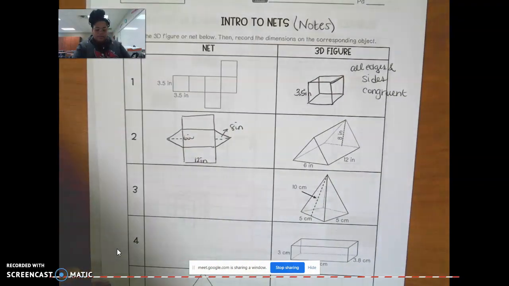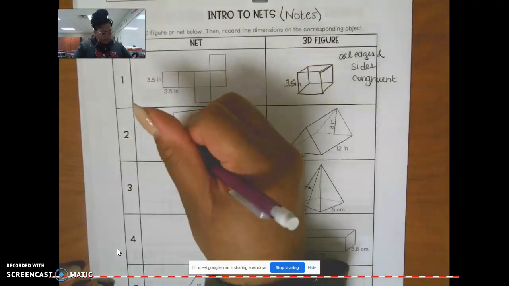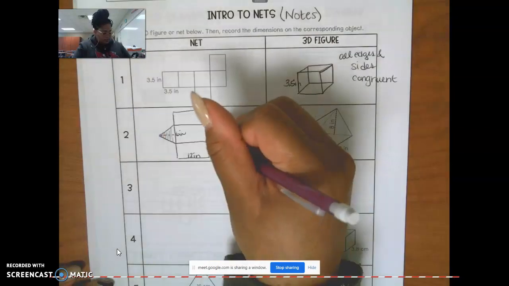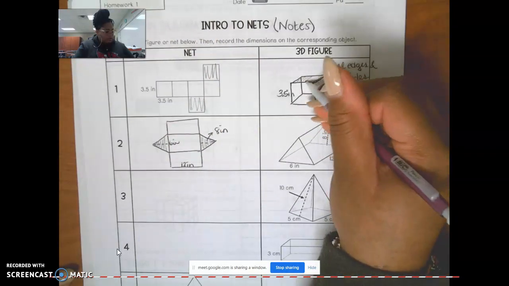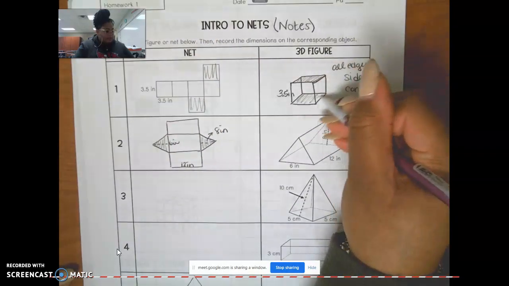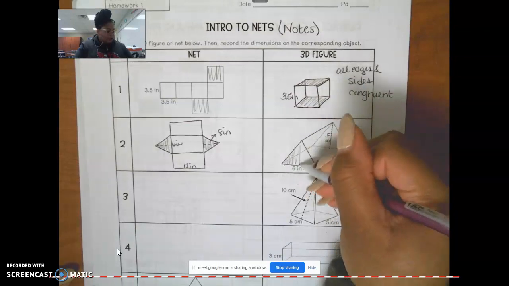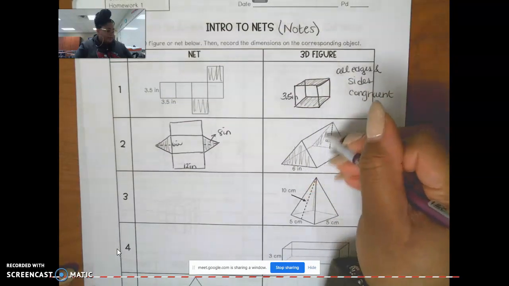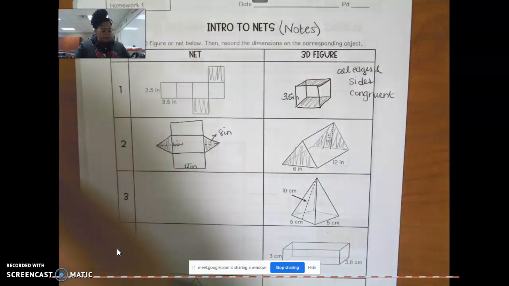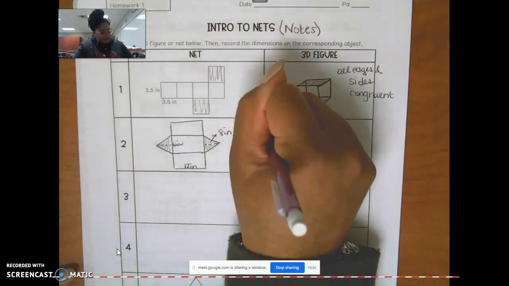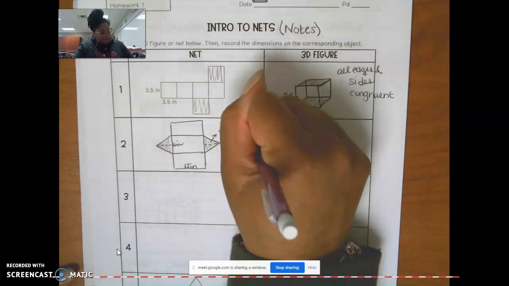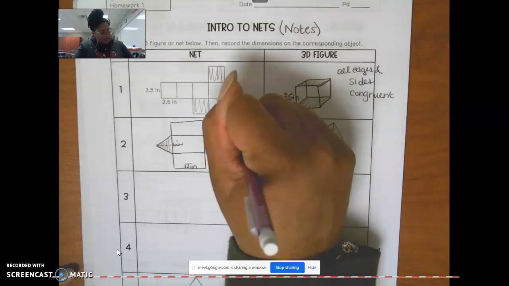Shade in the bases. Oh, I should have shaded in these bases. Top, bottom, top. Now remember, this is a triangular prism, meaning your bases are triangles.